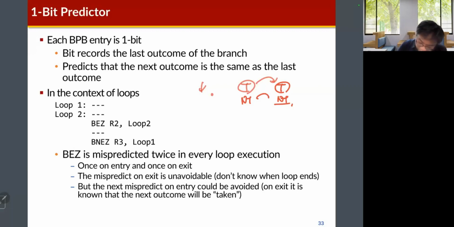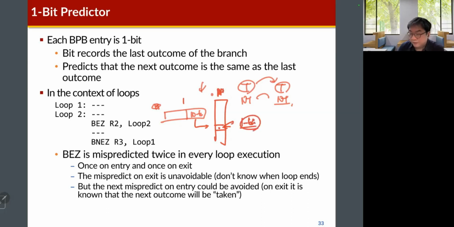So for example, this is the PC of the branch instruction. We just use the 10 bits of the PC, and with these 10 bits we store the result of the branch instruction. Each entry of the BPB has 1 bit of data. When the branch instruction is executed with the PC, we can access the instruction cache with the PC, and this BPB is also accessed.